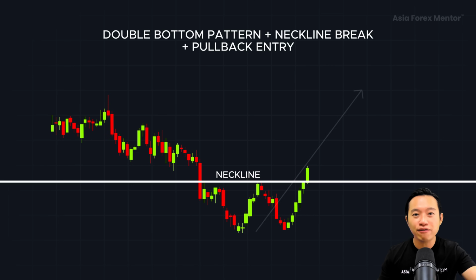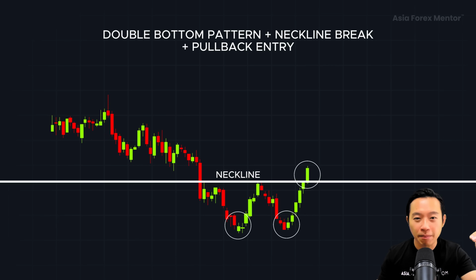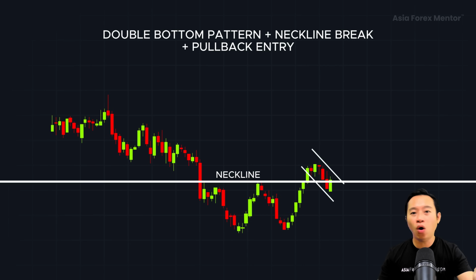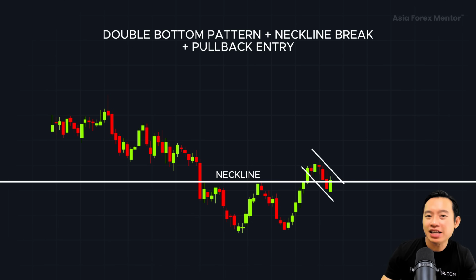So you first have your double bottom pattern, then there's a neckline break here, then the pullback entry at the neckline, or at the resistance turned new support level. In this case, you had multiple perfect long wick candles at the neckline. This represents, in a way, a high quality long trade.